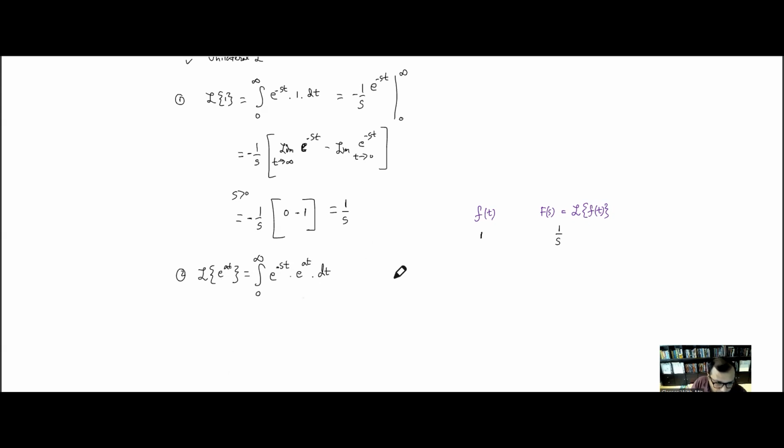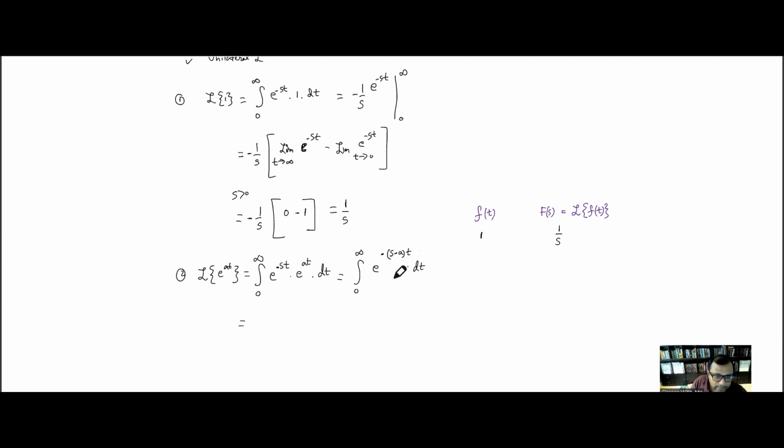Now, this can be written as integral 0 to infinity e to the power minus (s minus a)t dt.